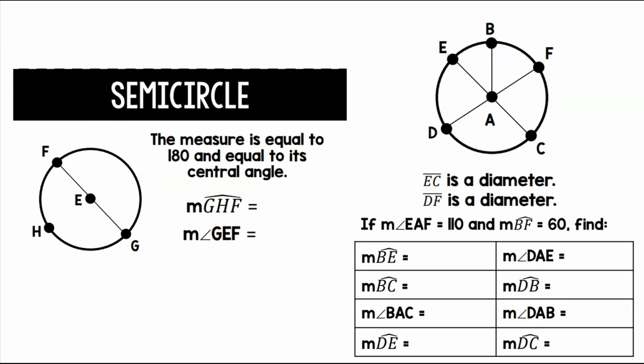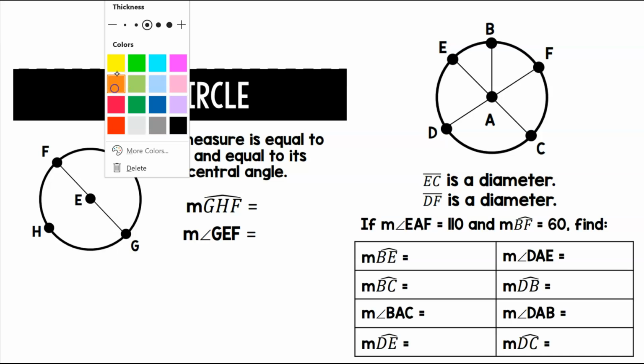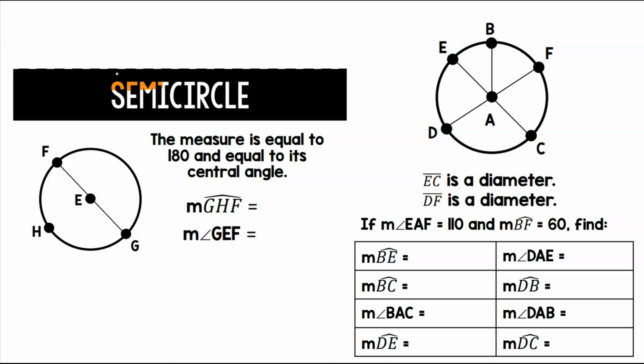The next part discusses a semicircle. A semicircle is half of a circle. Specifically, it will be 180 degrees worth of the circle because half of 360 is 180. So it is exactly equal to that 180.